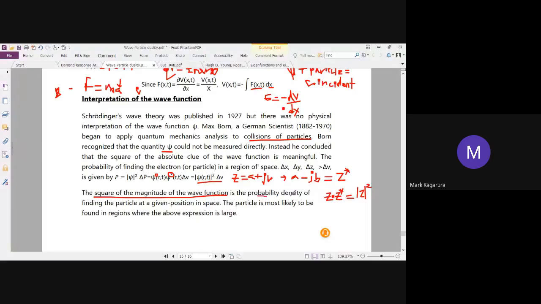So if we sum up probability density, sometimes it becomes a probability density function. I don't want to use V a lot because people will get confused with potential. So if we sum up the PDF, we get the total probability.